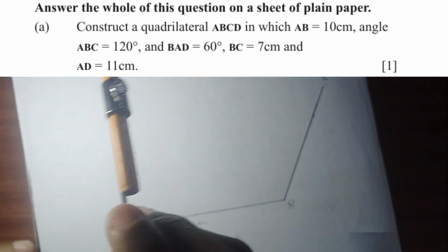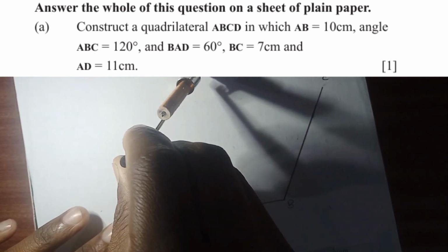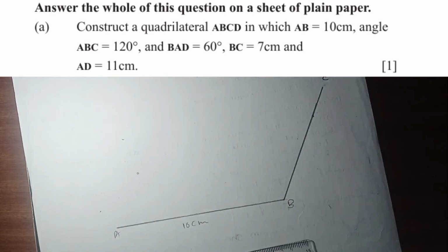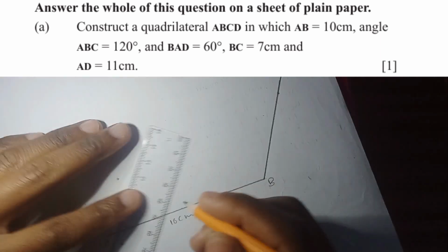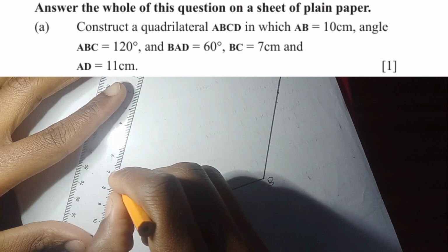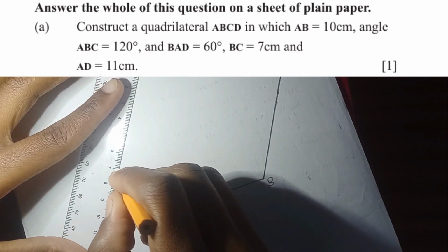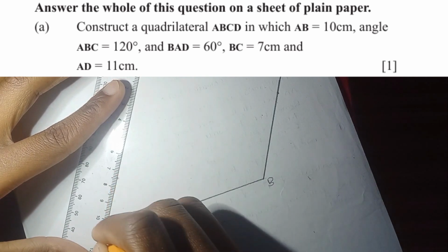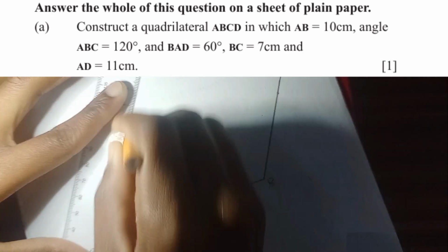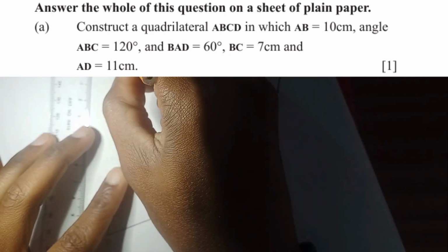Then you place your compass leg at A and make a mark like so. So that is 11 centimeters. Then you can join using your ruler this point and that point. As you can see, it's 11 centimeters. So that's another way you can measure 11 centimeters. So this is our D.